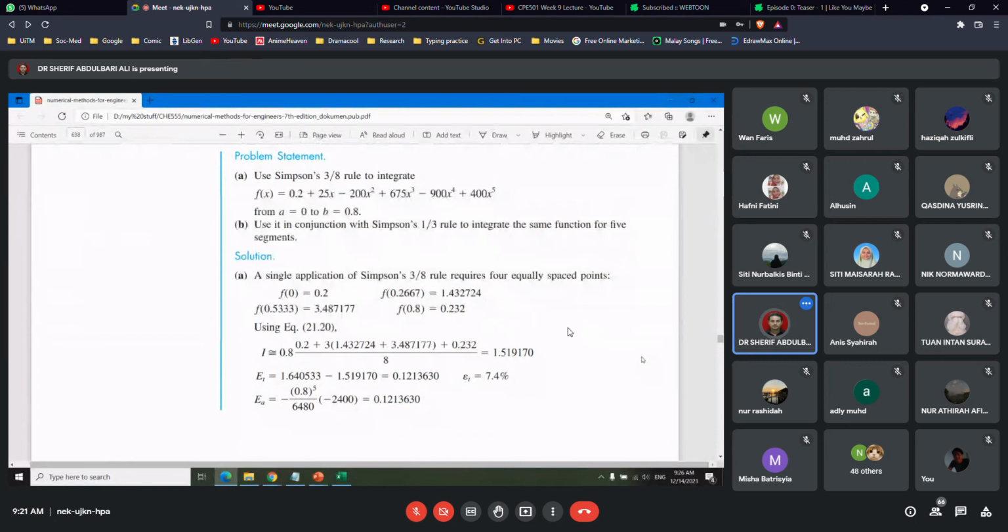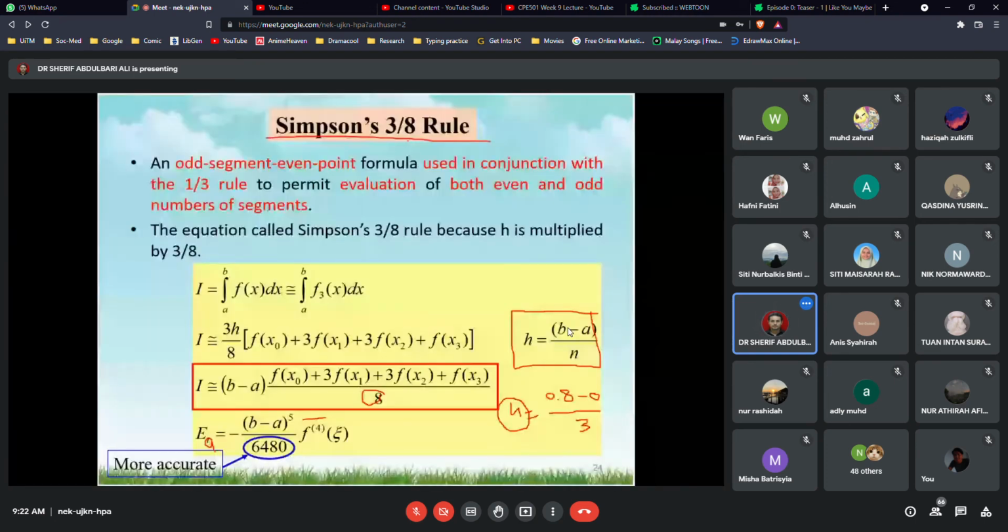Okay, the last part here. Simpson rule 3/8 doesn't have multiple applications, doesn't have multiple segments, but it can work in conjunction with 1/3. So that means if you want to enhance the accuracy of Simpson 3/8, you need to combine it with the 1/3.